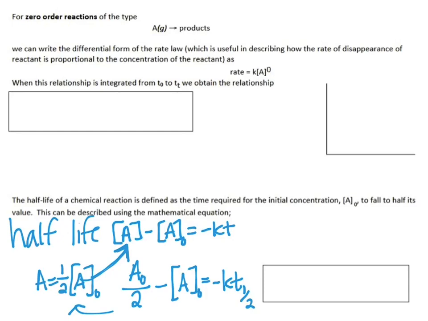Everybody okay with that? Another way to write A naught is 2 over 2 A naught, so that we can put those together. And when we do that, we end up with negative A naught over 2 is equal to negative k t at 1/2.